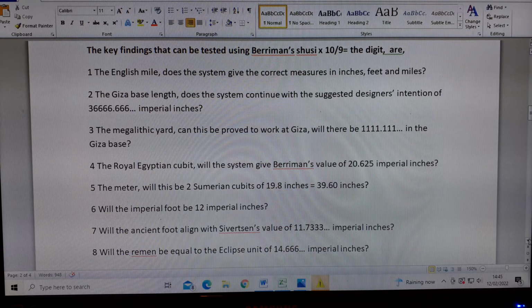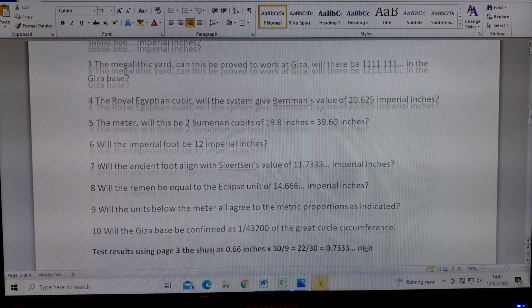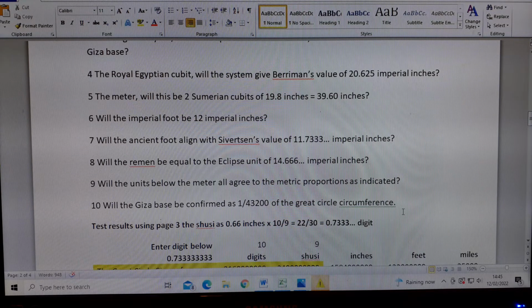Will the Riemann be equal to the eclipse unit of 14.666 imperial inches? Will the units below the meter all agree to the metric proportions as indicated? Will the Giza base be confirmed as 1 divided by 43200 of the great circle circumference? And then we put the digit in.